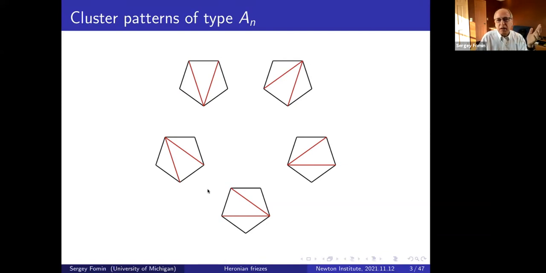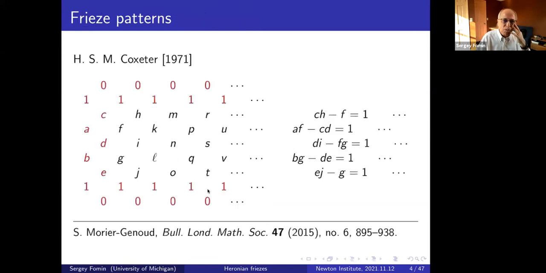In type A, everything is governed by the combinatorics of triangulations of a convex polygon and flips in them. And a particular kind of elementary instance of this is the Frieze patterns introduced by Coxeter, which are tables of numbers in which the red entries here are fixed.